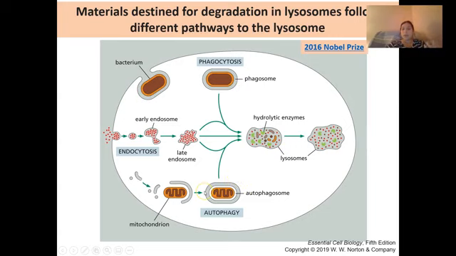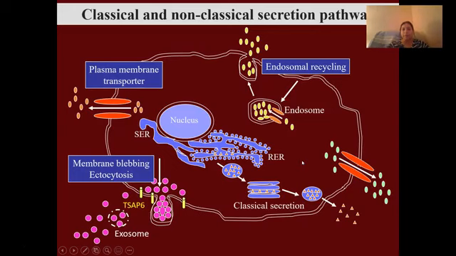It could also be autophagy, where the cell itself engulfs its own organelles and targets them to the lysosome for destruction. It could be because those organelles are spent or damaged or old, but it could also be a way to get out of starvation. When cells don't have enough energy or nutrients available, they will start to use their own organelles in order to survive. So that's also a way that this process can happen.